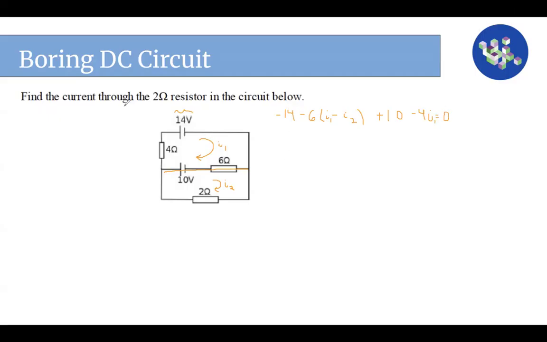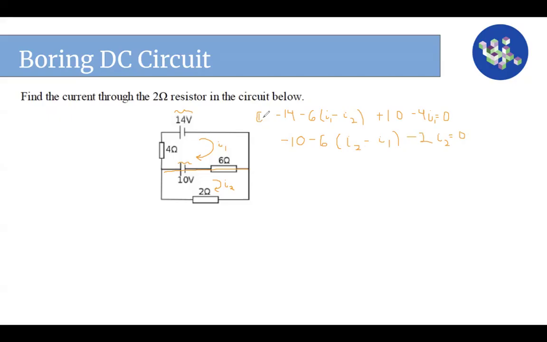And then the second equation is from the bottom loop. In the bottom loop, we have minus 10 here, minus 6 times I2 minus I1, minus 2I2 equals 0.